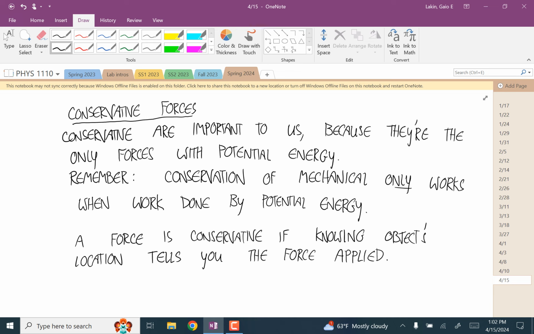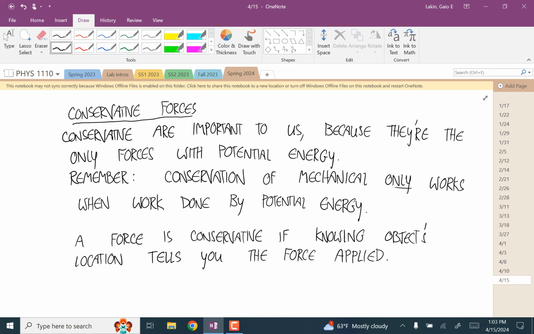Okay, so first of all, let's think about gravity. Say that you know the mass of this calculator, okay? So 0.1 kilograms or something. And now say I tell you where it's located. Can you tell me what the force is that gravity applies to this calculator? If I tell you its location is here, do you know the force gravity applies to it? Yeah, you do.